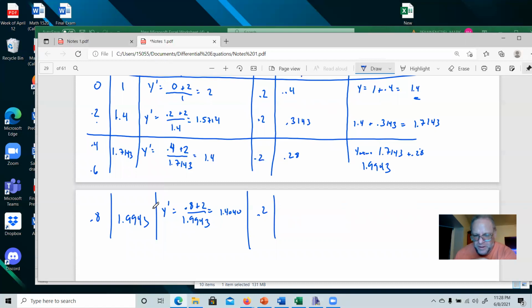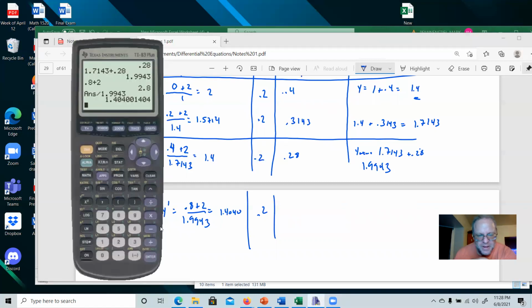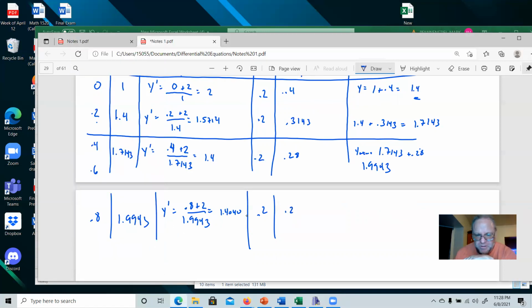Okay, times the 0.2, so times 0.2, and we get 0.2808. All right, and then my new y is going to be 0.2808 plus 1.9943.